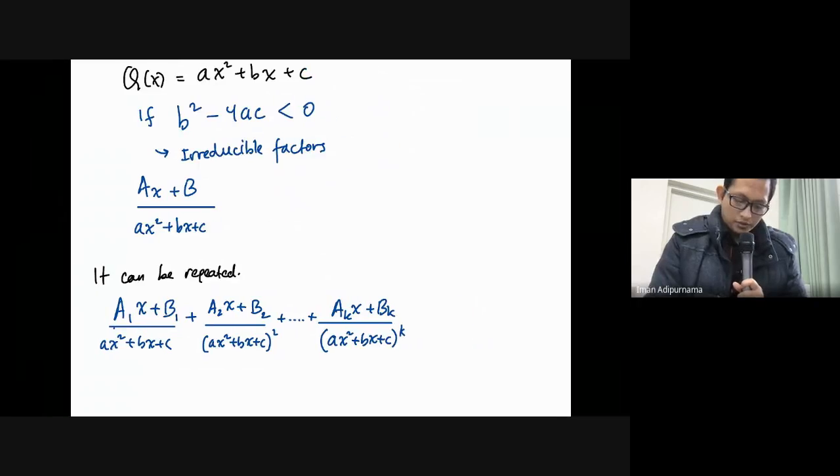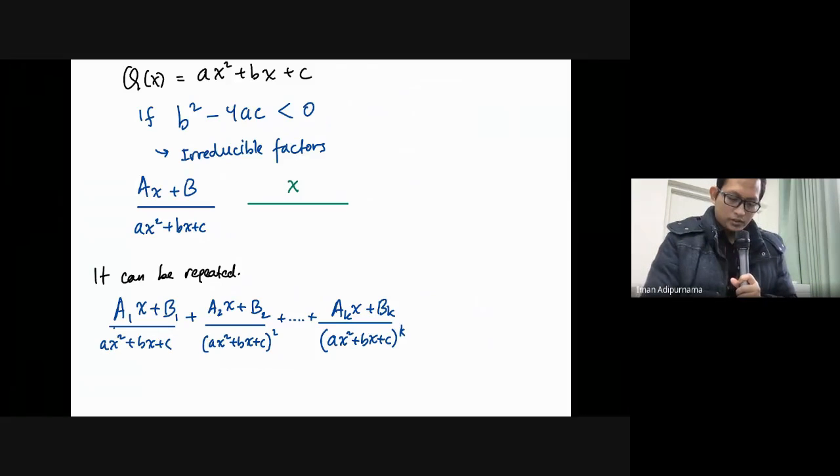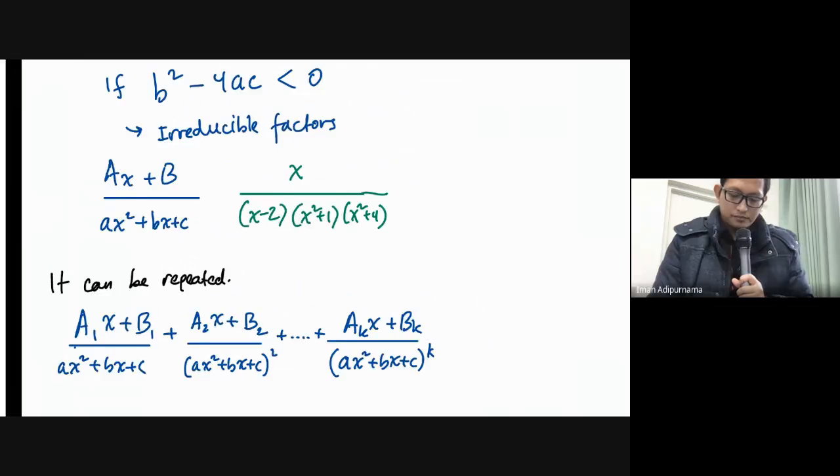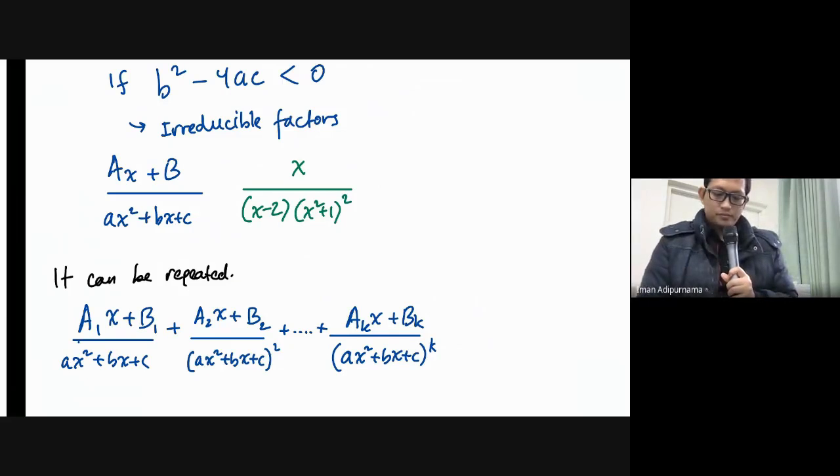Let me give you an idea how to solve this. If you have x over (x minus 2)(x squared plus 1)(x squared plus 4), or let me change this, maybe squared.